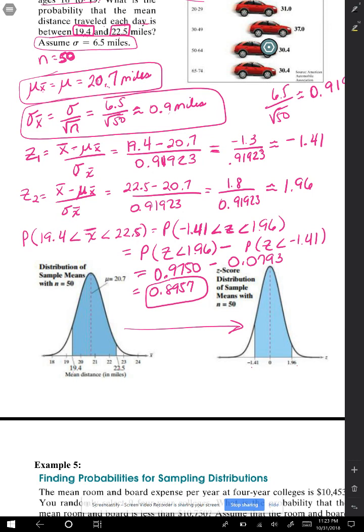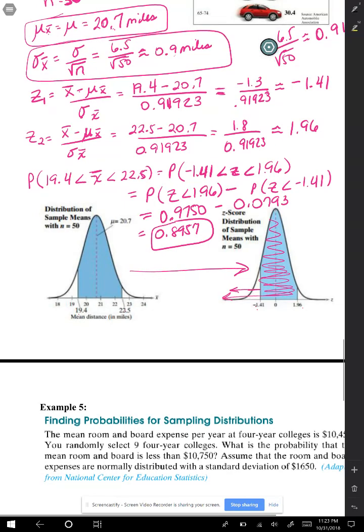Remember, when we look at the tables and look up 1.96, it's giving me everything below 1.96 all the way down. So that's why I have to subtract off the values that are less than negative 1.41 so that I get what's in the middle. And again, that was explained in a previous section.